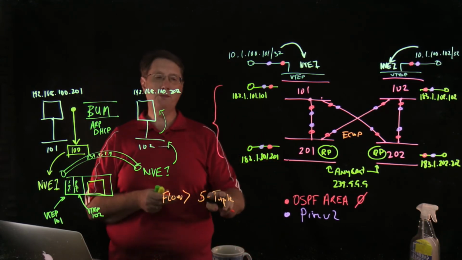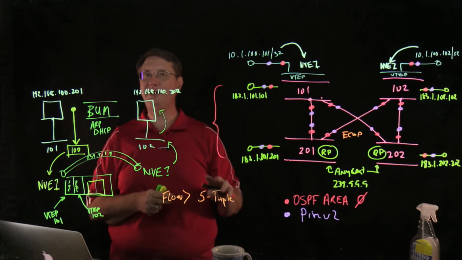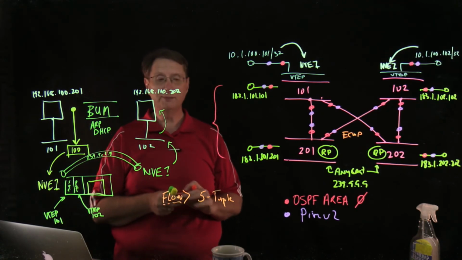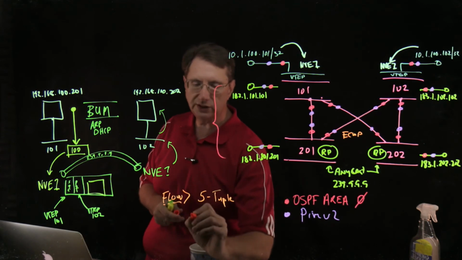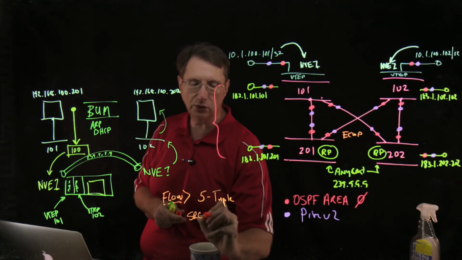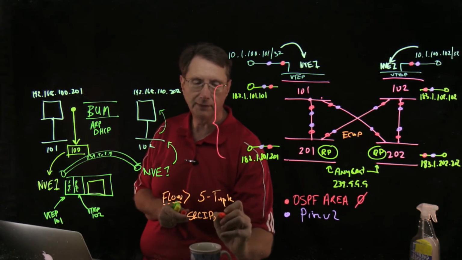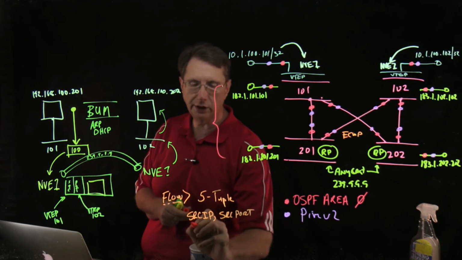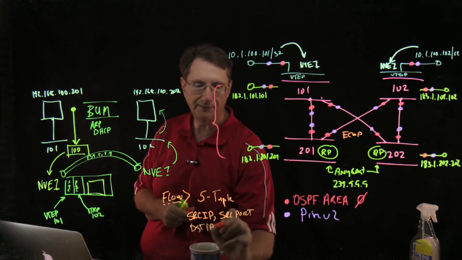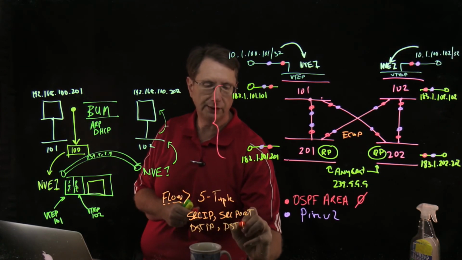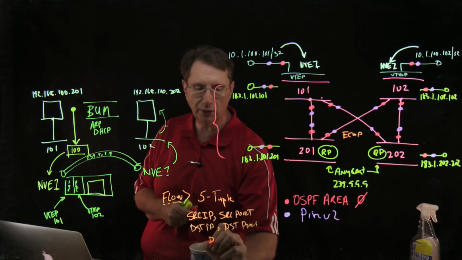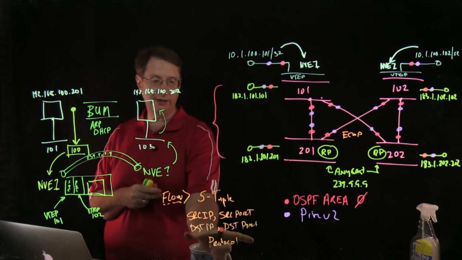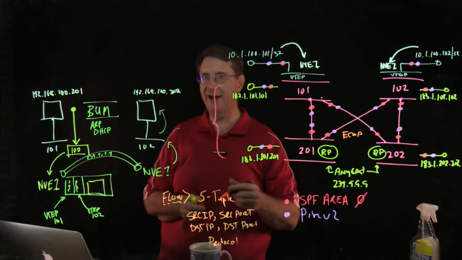A 5-tuple is the way a TCP/IP session determines or constitutes a flow. It's a combination of a source IP and source port, a destination IP and destination port, in concert with the protocol. So the quadrant in concert with the protocol produces the 5-tuple.